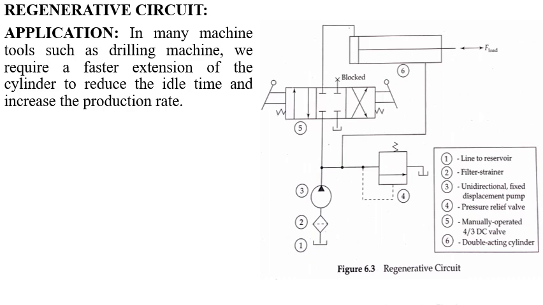Compared to a regular double acting cylinder, the extension speed is greater, and it is achieved by connecting the rod end cylinder flow back to the pressure line.